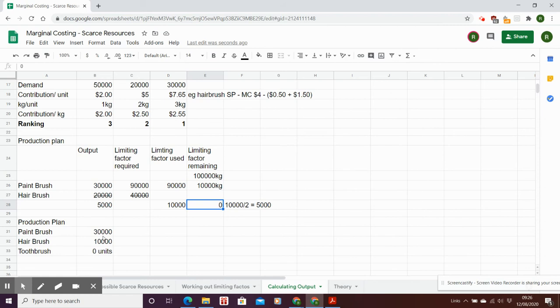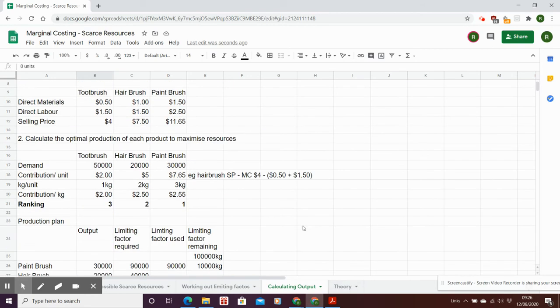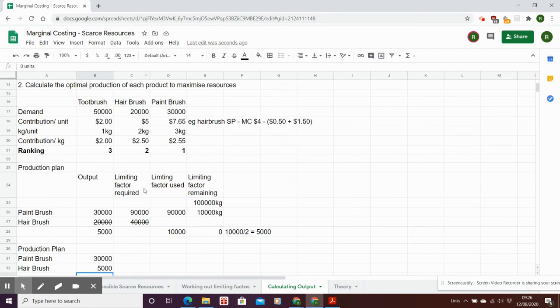So my optimal financial production plan is 30,000 paintbrushes and 5,000 hairbrushes, and we're not going to be able to produce any toothbrushes in this example. Okay, so you've got to do the 2 stages.